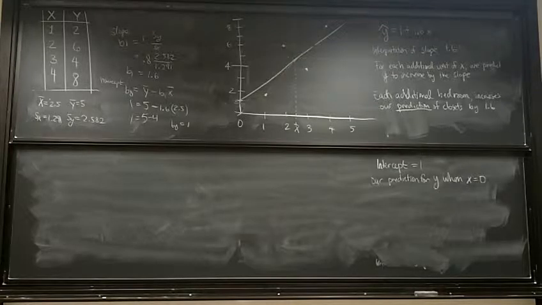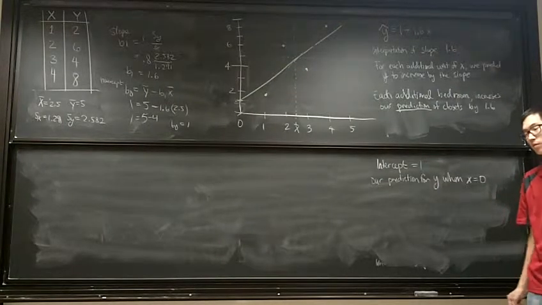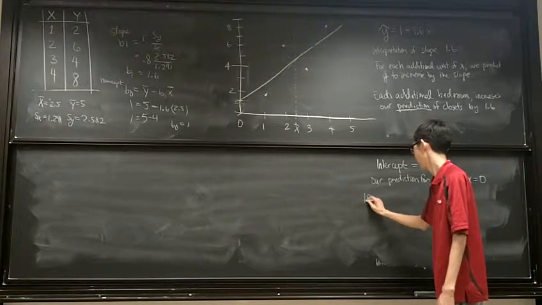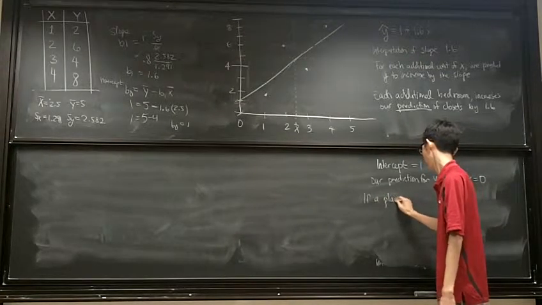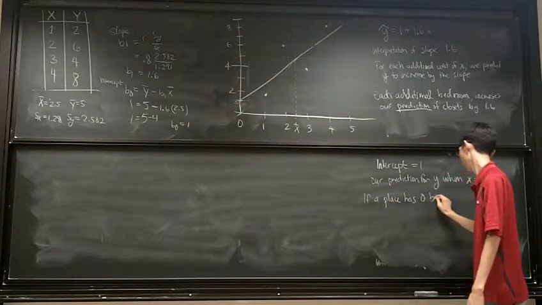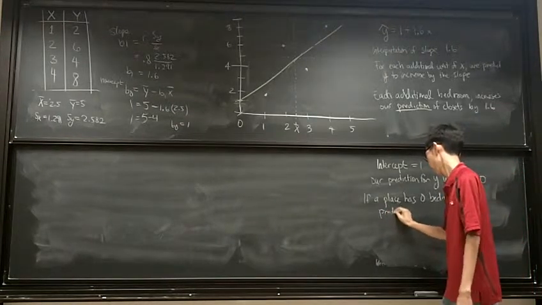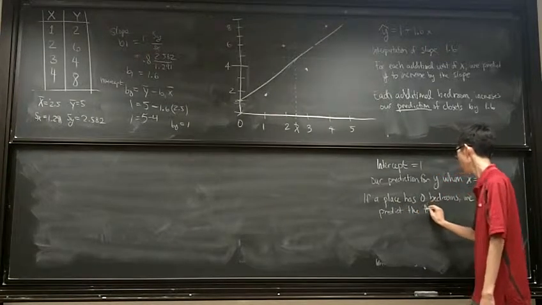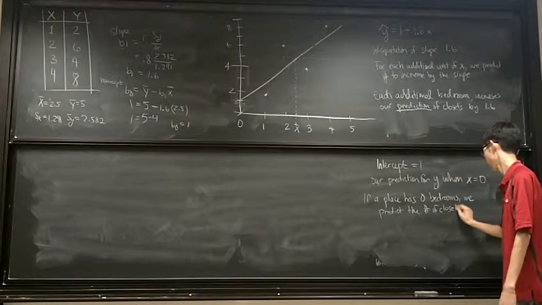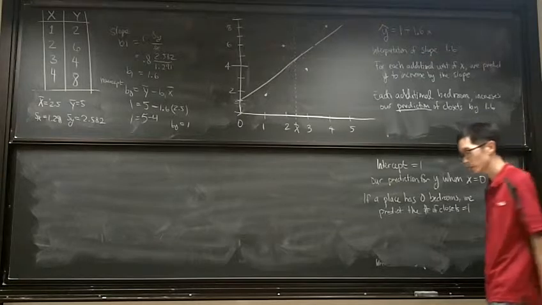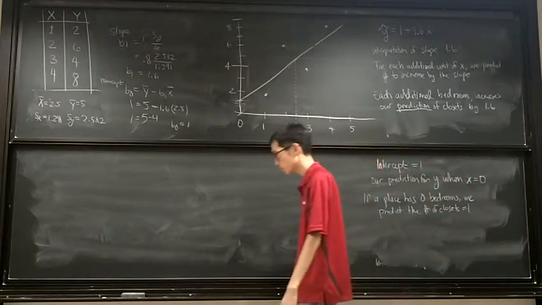So this says if we entered a dwelling with 0 bedrooms, we predict the number of closets to be 1. So whenever you plug in 0 for x, the intercept is your prediction for y.